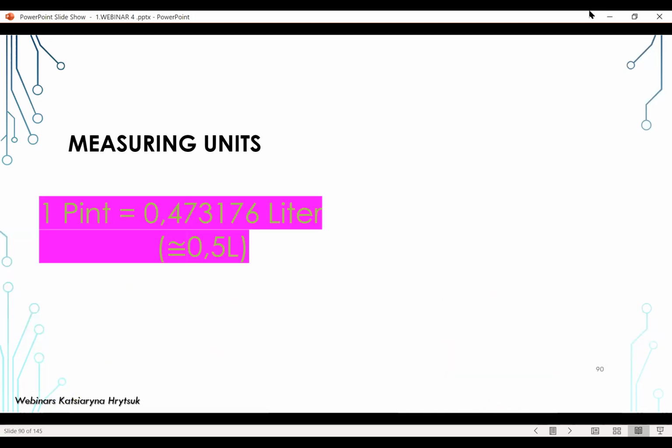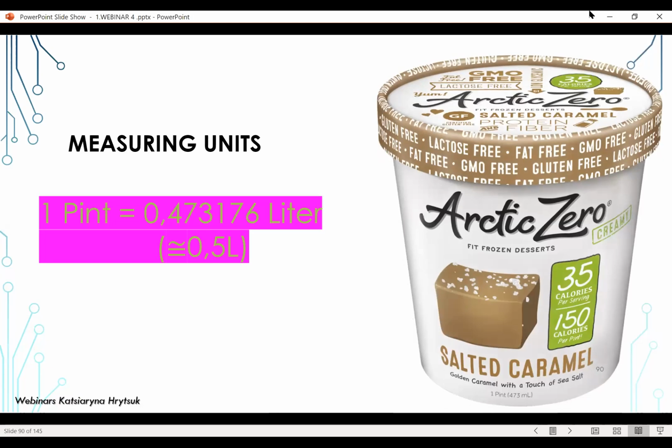Now please remember, measuring units. One pint: if you buy caramel ice cream, sometimes you can see pint. One pint is very close to half a liter, or 473 milliliters.